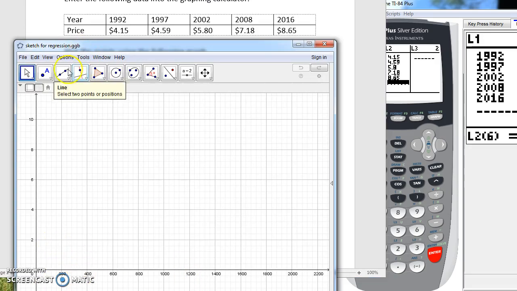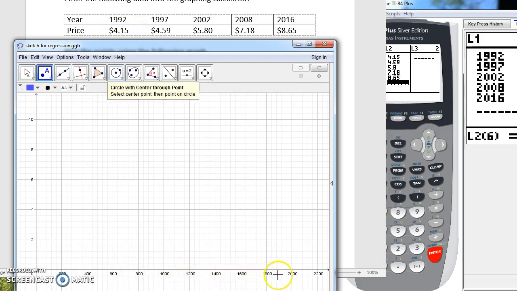All right, so the first one is 1992 and $4.15. So where is 1992? Well, it's somewhere around here between 1800 and the year 2000. So let's say 1992 is here, and then $4.15. This is 2, this is 4, and 15 is going to be somewhere up here.